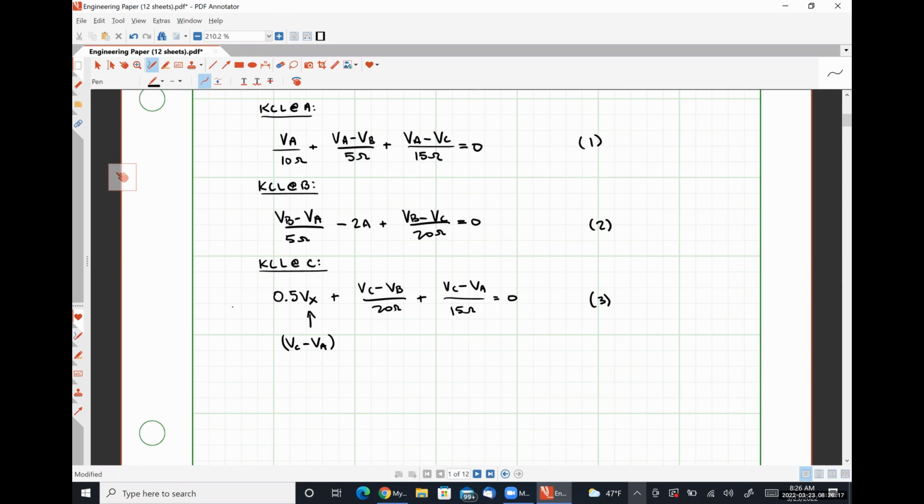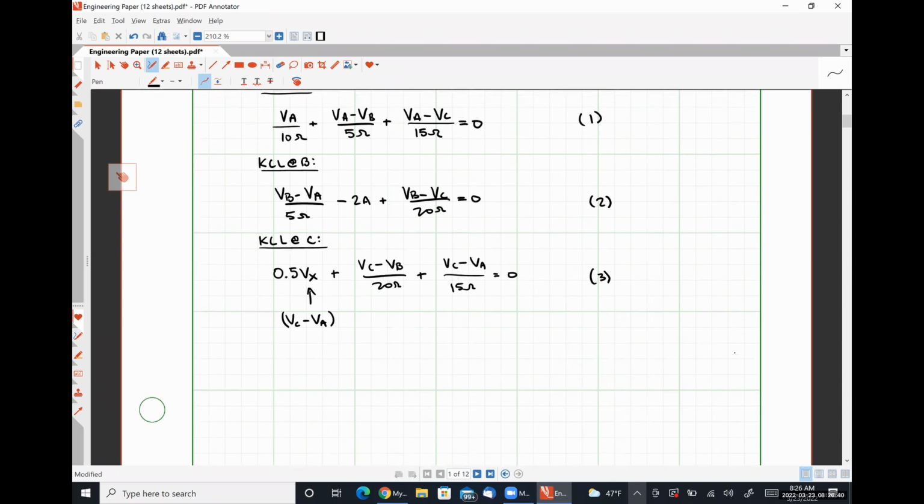So we just lump those together. In our calculator, we can just enter 1/10 plus 1/5 plus 1/15, and it'll take care of combining all that for us. Similarly, our coefficient for VB would be negative 1/5, and our coefficient for VC would be negative 1/15, right? So I'm going to write down a matrix here, which is effectively what you're going to wind up putting into your calculator.